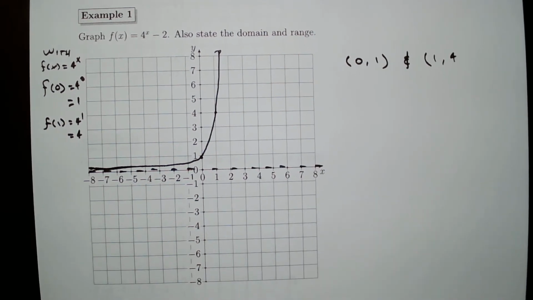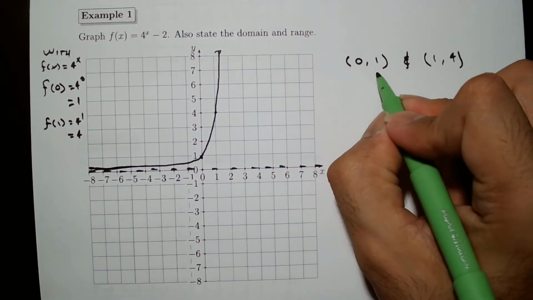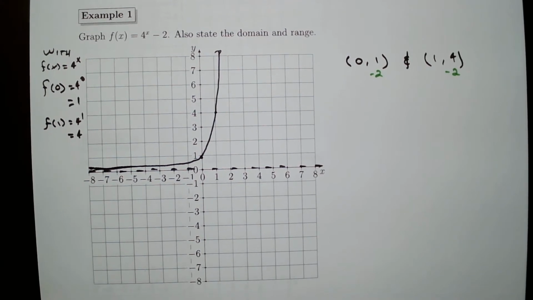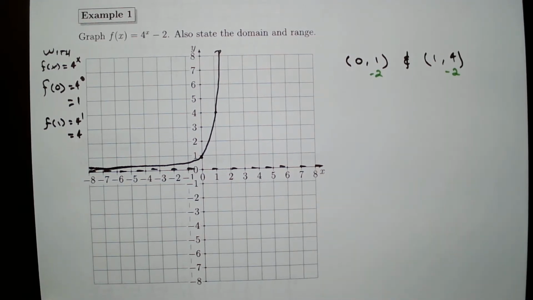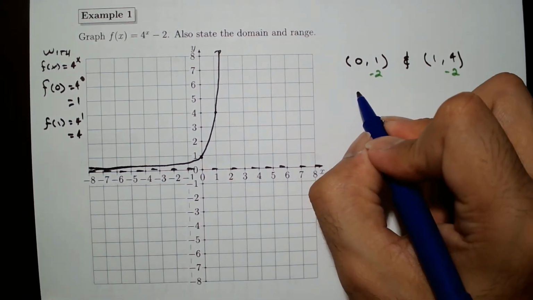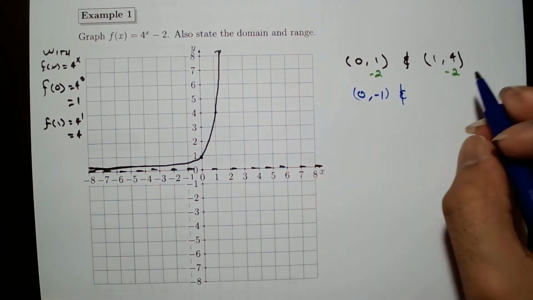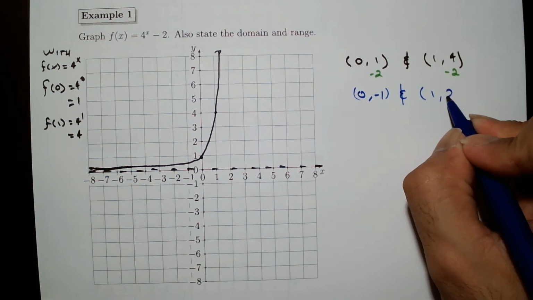So I'm going to subtract 2, and the new coordinates that I obtain are 0, negative 1, and 1, positive 2.